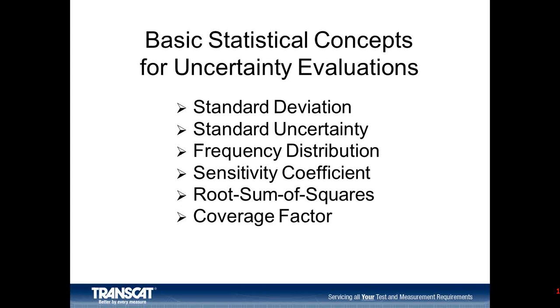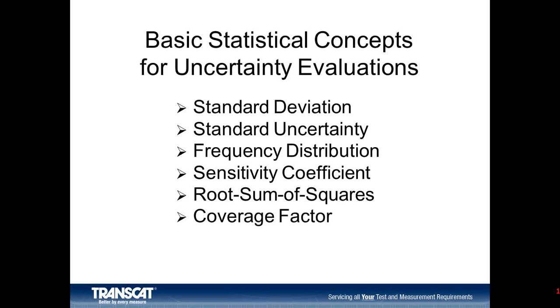In the uncertainty analysis process, many of the uncertainties will come from sources other than this repeatability example that I made. And when we combine these different uncertainty components together, the ISO guide directs us to adjust each of these to what's called the equivalent standard uncertainty.